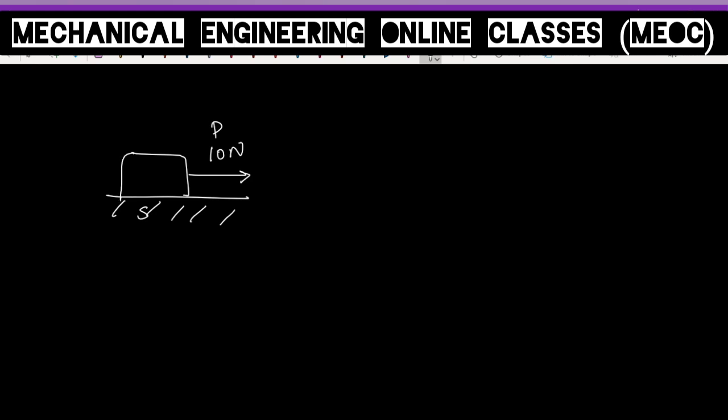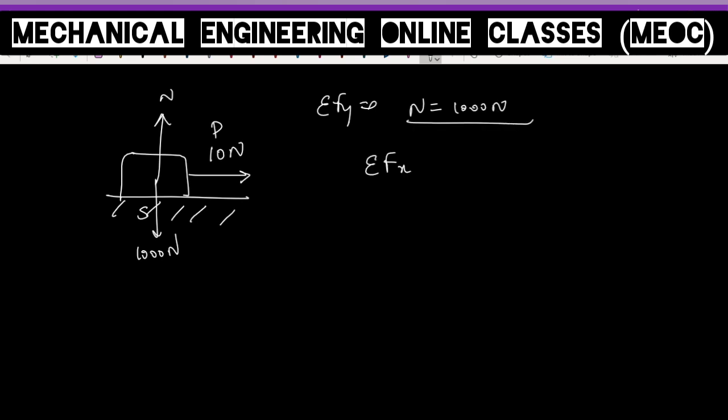So here, except for a normal reaction and a weight force, which is 1000 Newton, there is a normal reaction. So sigma Fy is 0, and we know that the normal reaction is 1000 Newton. This is fine. Now what about sigma Fx being 0? We are seeing a 10 Newton force acting rightward, but are we seeing any other force which is balancing this 10 Newton force? We are not able to see it.